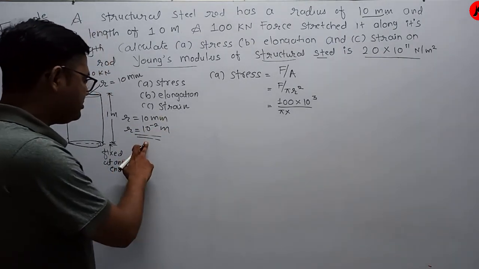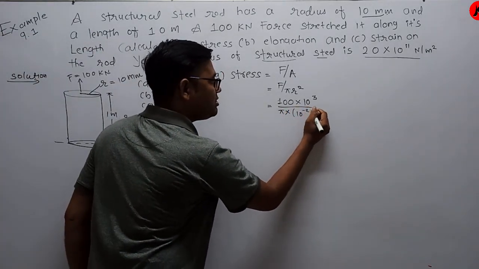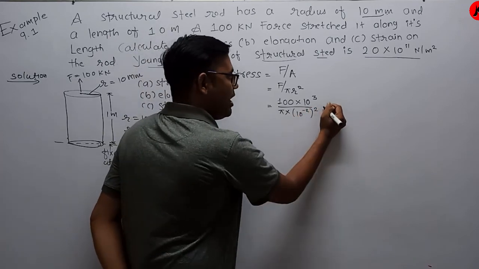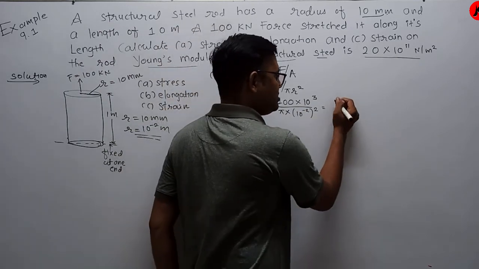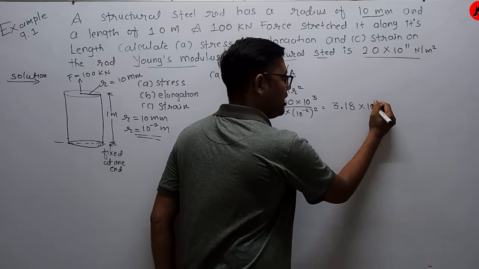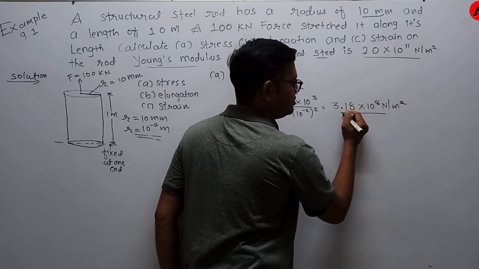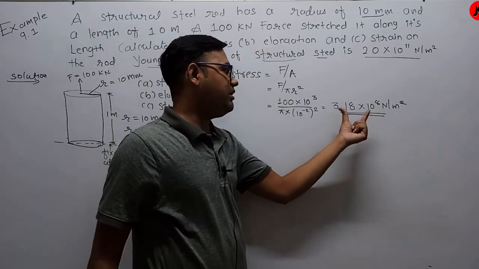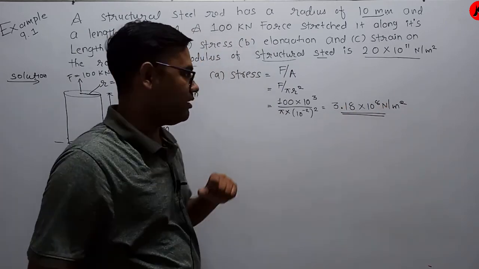So put the value of 10 raised to minus 2 in this equation, and r square becomes 10 raised to minus 2 square. After calculating, we will get the value of stress, which is 3.18 into 10 raised to 8 Newton per meter square, right?